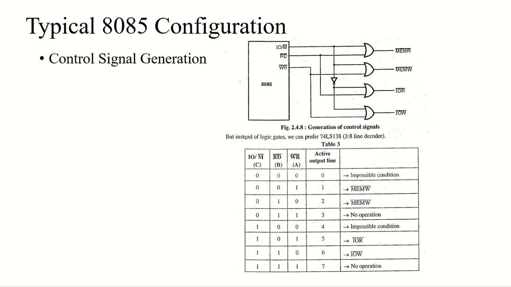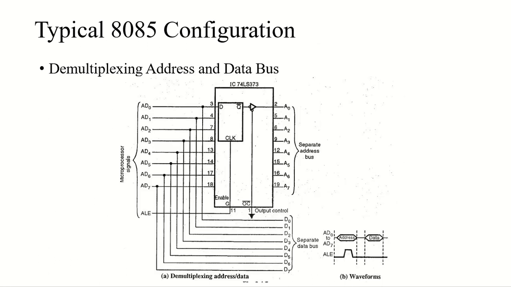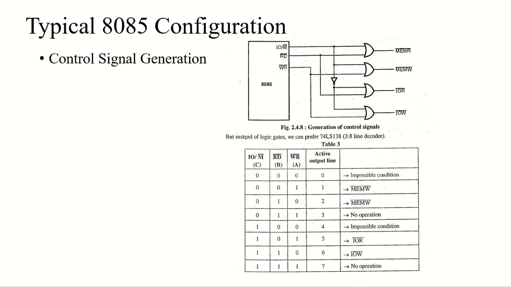The truth table for that you have already seen in the previous class, so you can check it out there. And then there is another truth table based on the active output line.